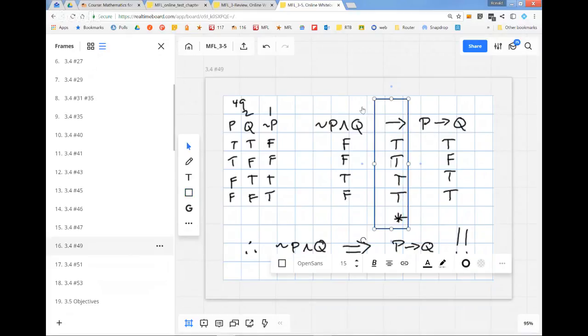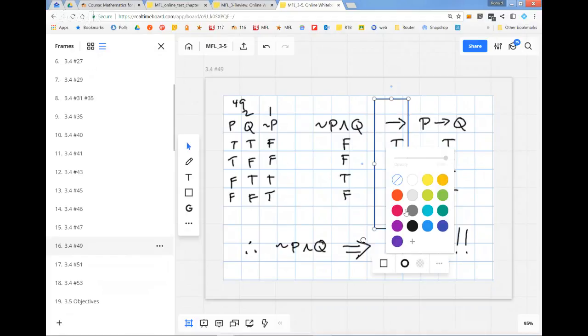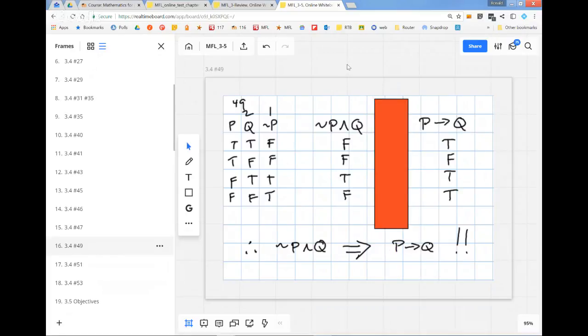Okay, there. It's very crude, but I blocked it out. So I've got not P and Q, and if P, then Q.